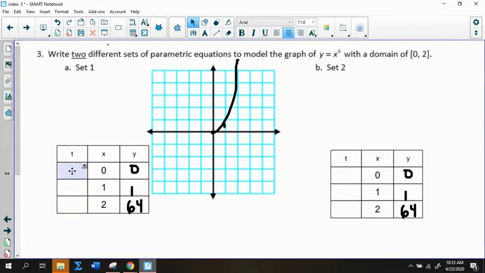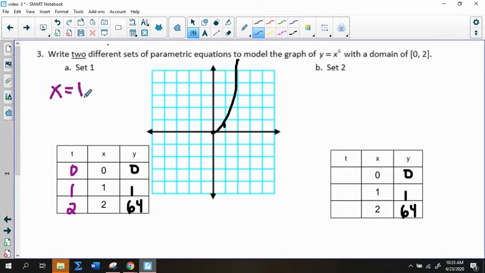So one thing I could do is literally let my t's go from 0 to 2 as well. So put 0, 1, and 2 in here, which means that my x equation is equal to t, and my y equation is just equal to t to the sixth. So that is certainly the easiest version.